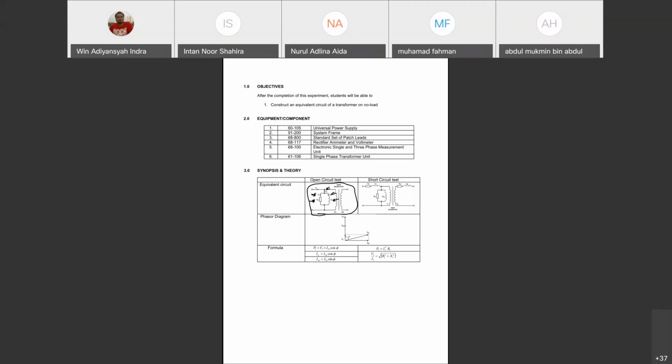So I0, for example, equal to 0.06, IC 0.02, IM 0.04, and then RC and XM. Draw the equivalent circuit for the transformer on no load with all values calculated.